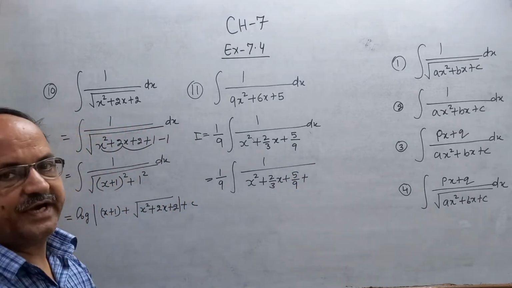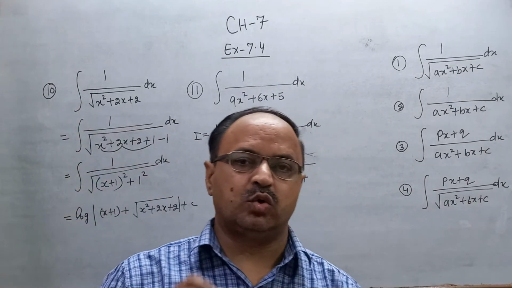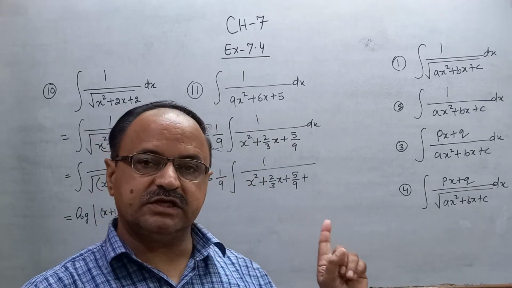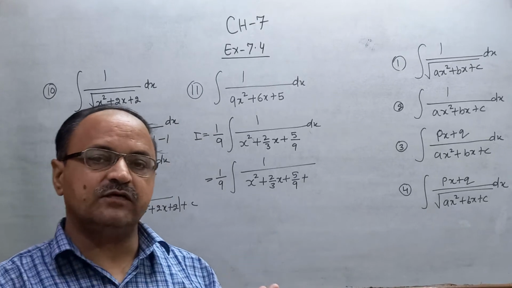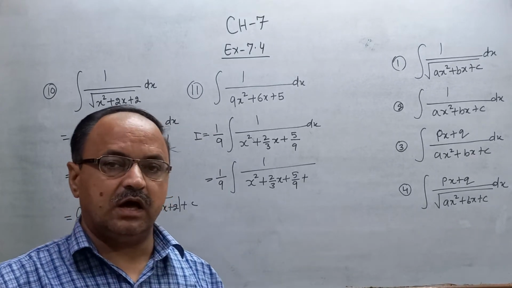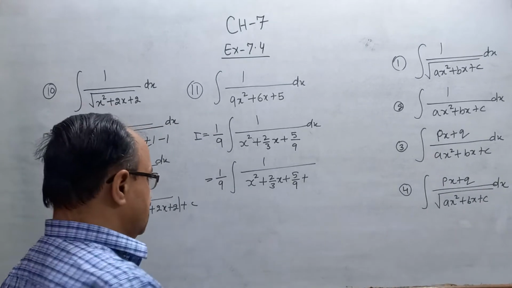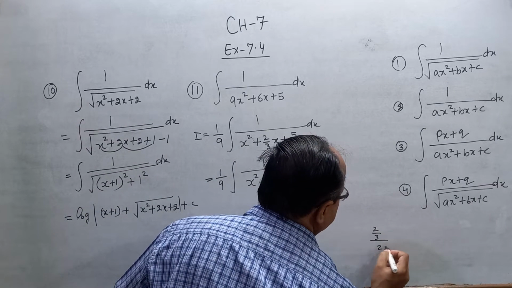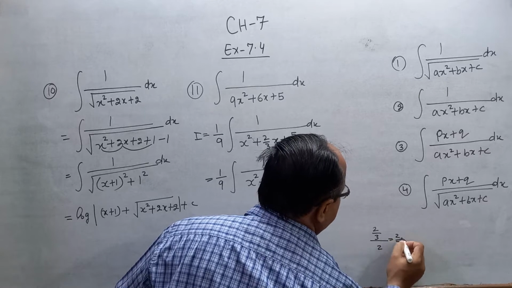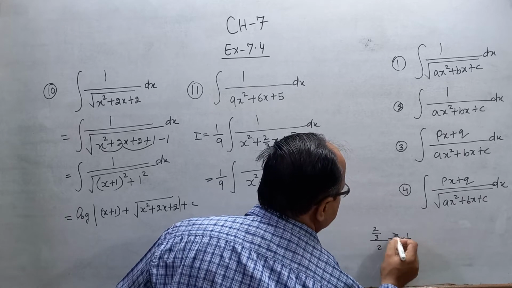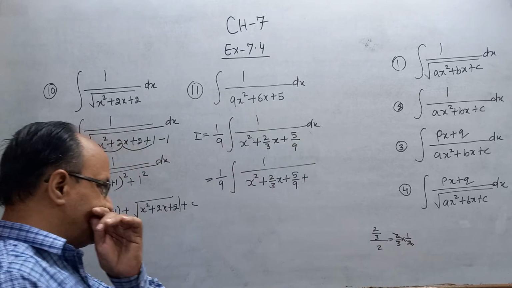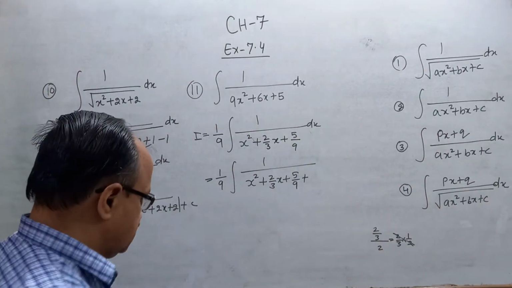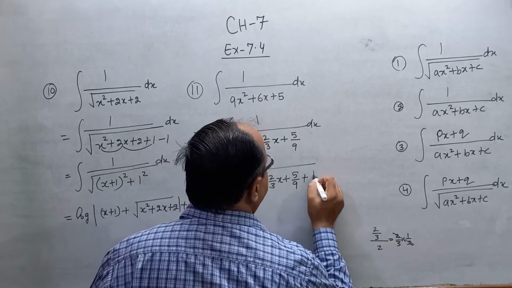Now add and subtract what? Coefficient of x, you know that the coefficient of x is 2 by 3 and the half of the coefficient, half of 2 by 3, is 1 by 3, and square of 1 by 3 is 1 by 9.